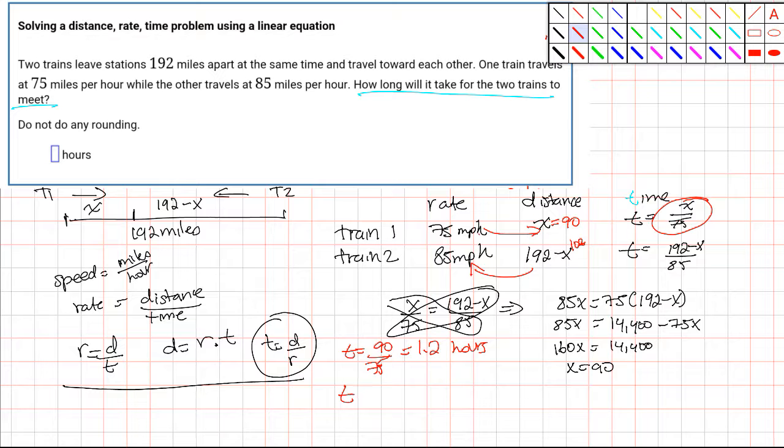Or, if we use the other equation, we have 192 minus 90, which is 102. So we have 102 divided by 85, which is also 1.2 hours. So when it asks how long it will take for the two trains to meet, it will take 1.2 hours for the two trains to meet.